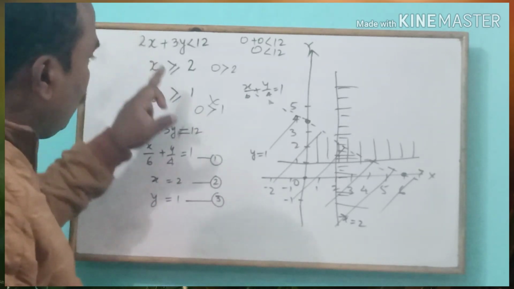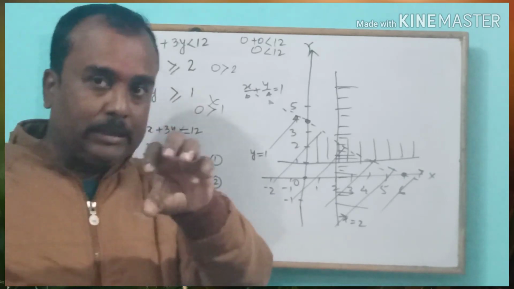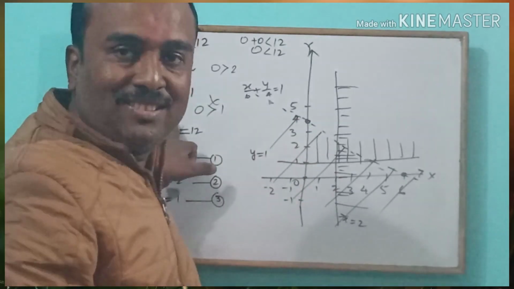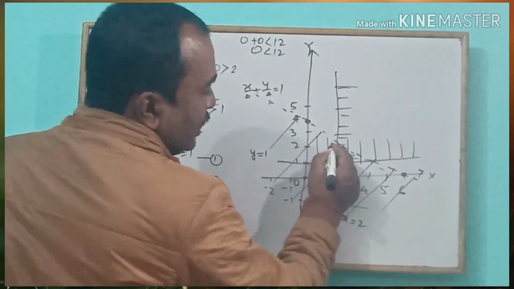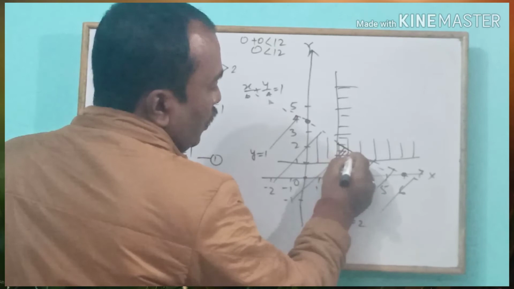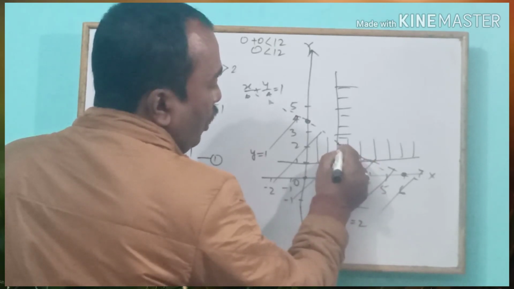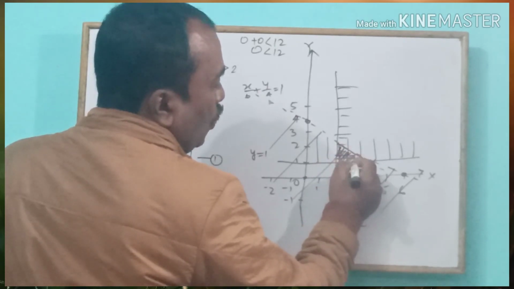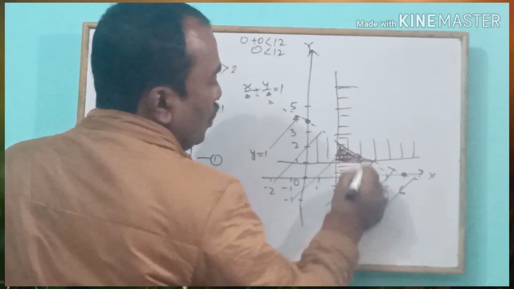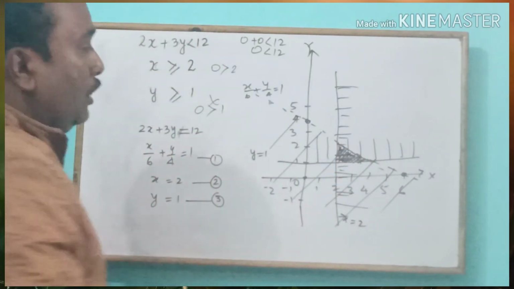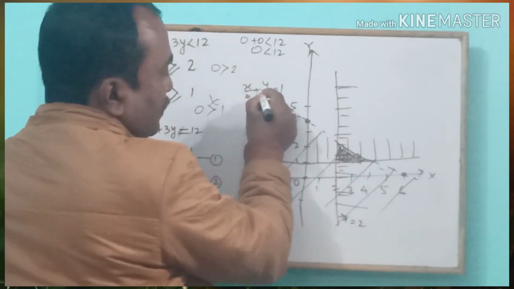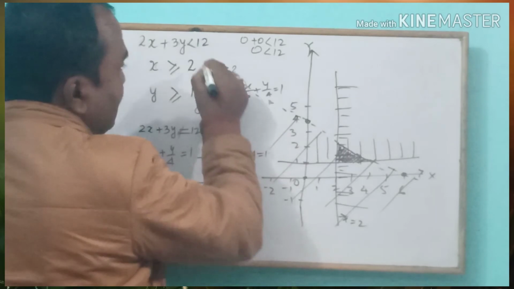Now we have to find the particular region which is satisfied by all three inequations. What we notice is that this is the region where the shading of all three lines overlaps, excluding the line x by 6 plus y by 4 equal to 1 because it is less than.